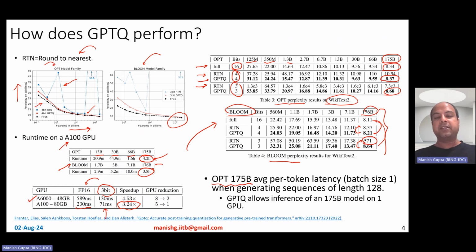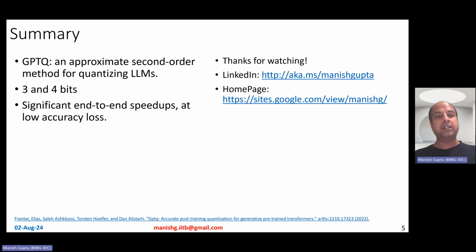And therefore, the interesting part is that you can do inference of the 175 billion parameter model on a single GPU. On a single A100 GPU, you can get the inference in 71 milliseconds, compared to otherwise needing 5 GPUs for 230 milliseconds. Now, isn't that sweet? Therefore, GPTQ is awesome. It enables you to deploy these large models on single GPU machines with low inference latency and therefore higher throughput.